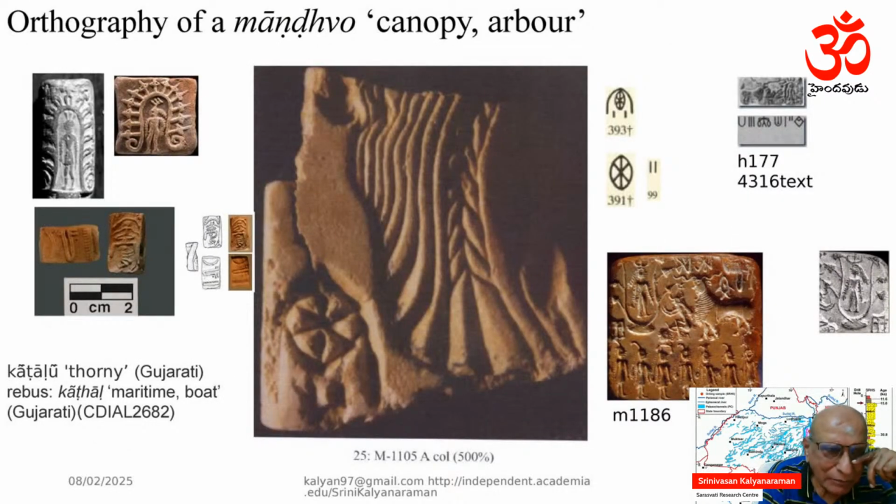Again, the same sign we have seen. I'm presenting a larger picture of the entire composition. Read in the context of the arch. It's also used in another context. The arch again is used as a manda. Manda is an arch, a canopy. Manda is a warehouse. Manda is a workshop. Manda is an array of instruments.